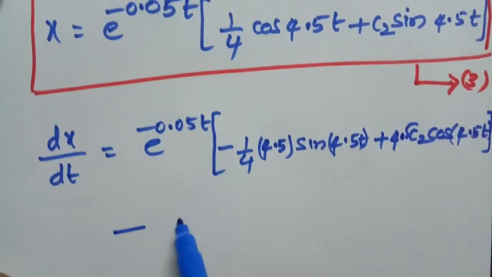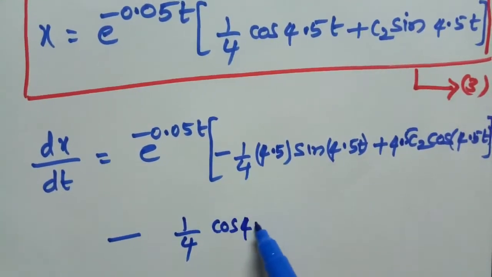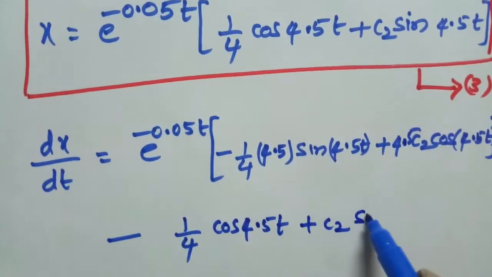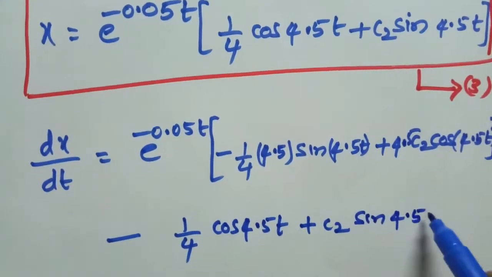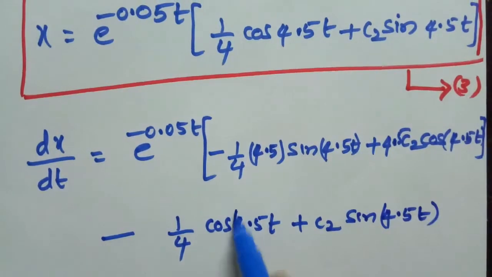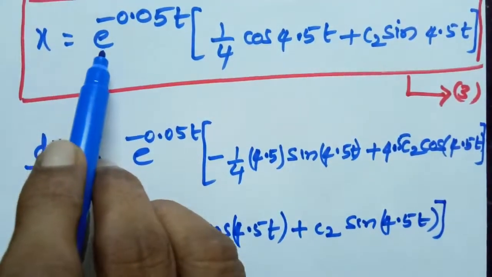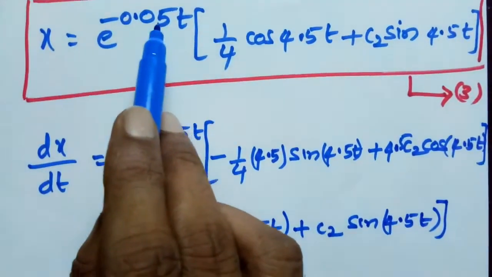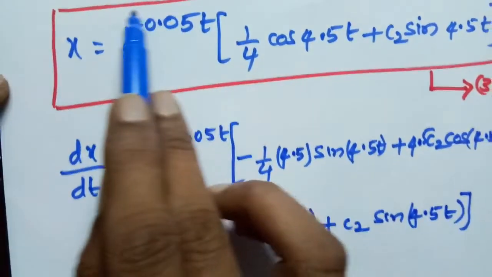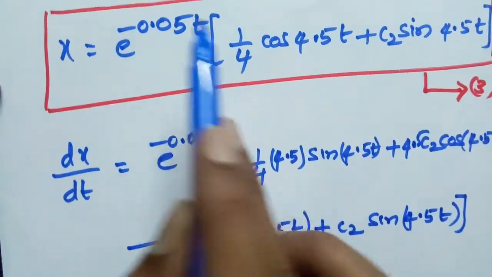V is 1 by 4 cos 4.5t plus c2 sin 4.5t. Therefore, into derivative of e to the power of minus 0.05t. E power x derivative is e power x. Again, derivative of exponential minus 0.05t is minus 0.05.